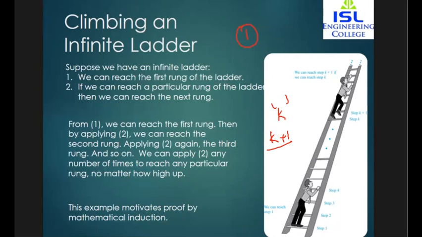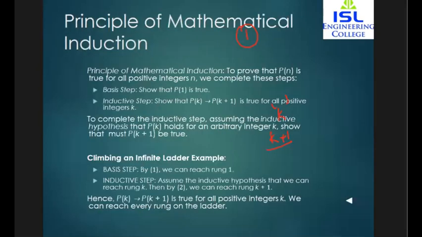Now let's see the principle of mathematical induction. To prove that P of n is true for all positive integers n, we complete these steps. If P of n is your statement, then we show first that P of 1 is true, and then we show that P of k implies P of k plus 1 is also true for all positive integers k.